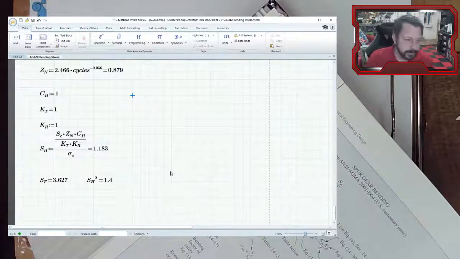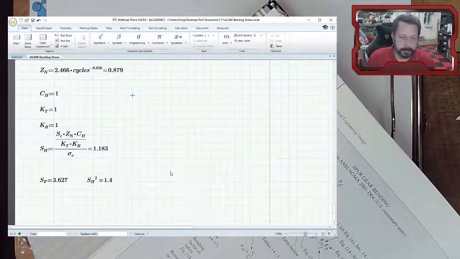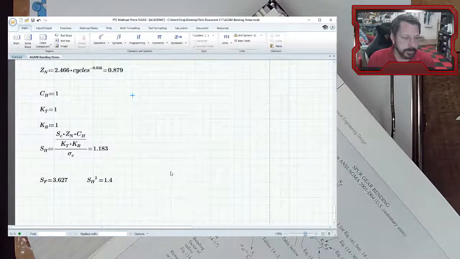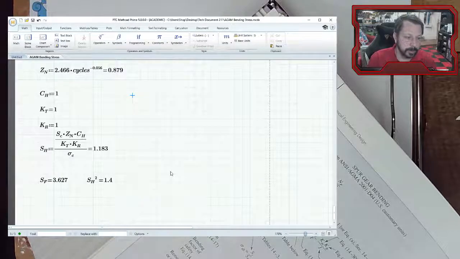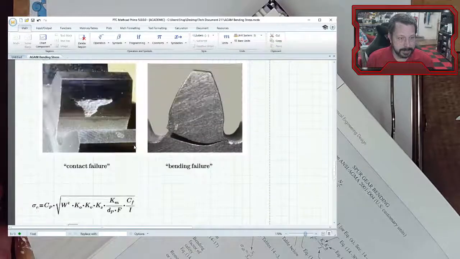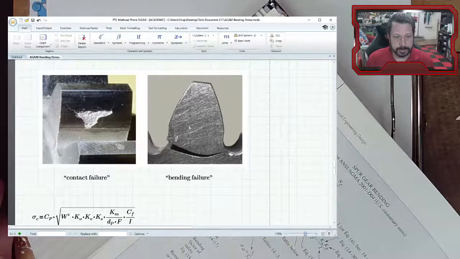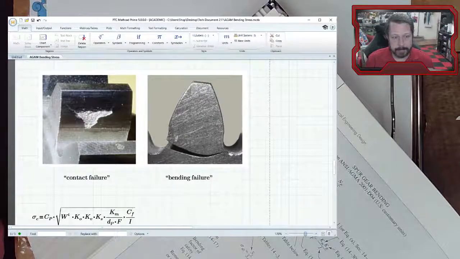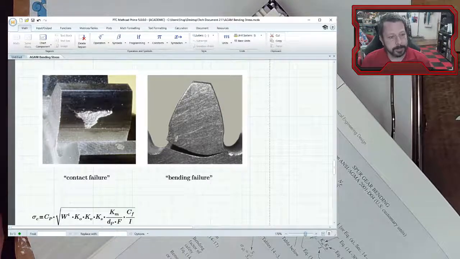If you watch the previous video, that's AGMA bending stress. This is more of a bearing stress. This is contact. The first one, the one that we got the SF number from, that's the bending. And again, we're talking about these two types of failure: bending over here and some contact pitting over here, wear. They call it wear in your book. Clearly that is worn.